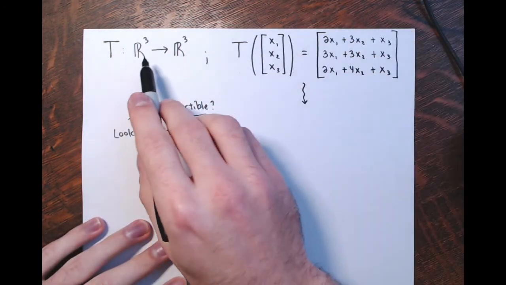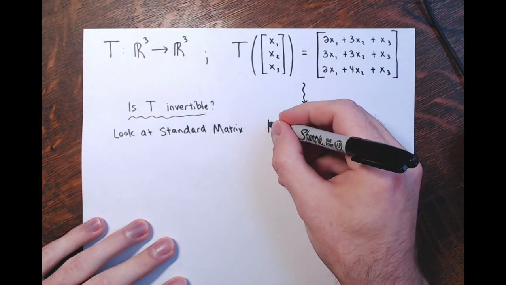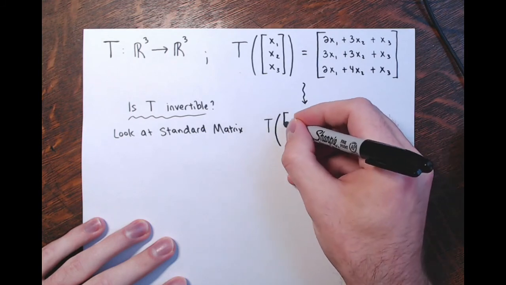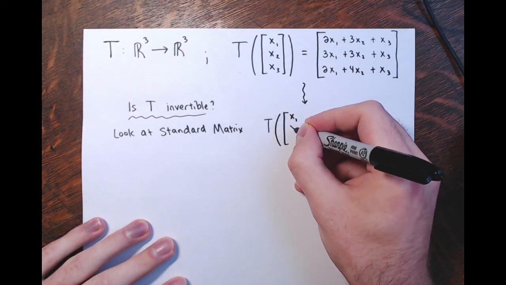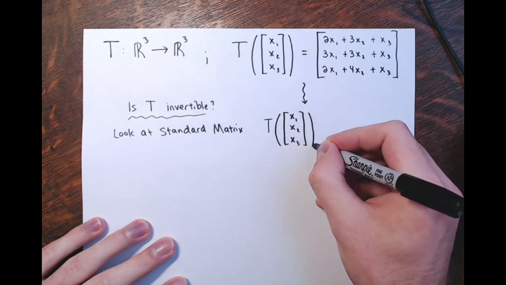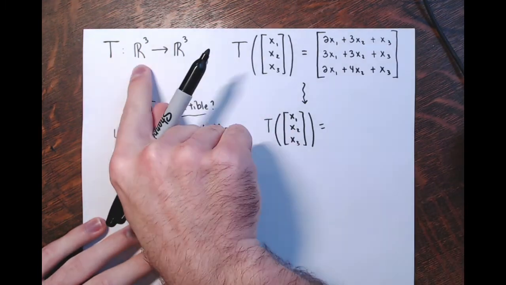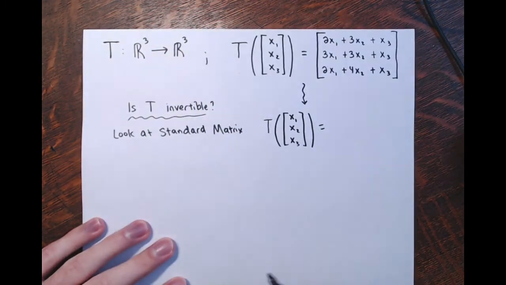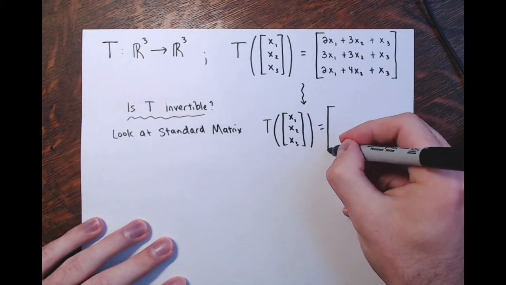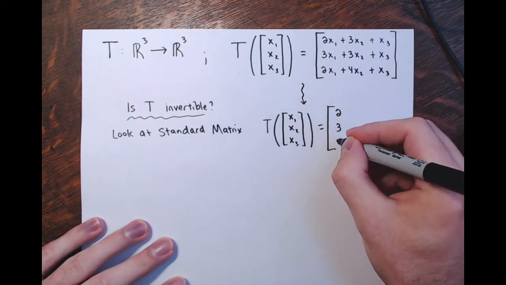Again, when it's between Euclidean spaces, it's pretty easy to determine that T of x1, x2, x3, this input vector, is equal to some matrix, and it's going to be a 3 by 3 matrix. Down the first column, the coefficients of x1: 2, 3, 2.